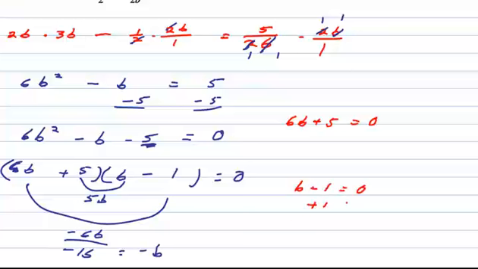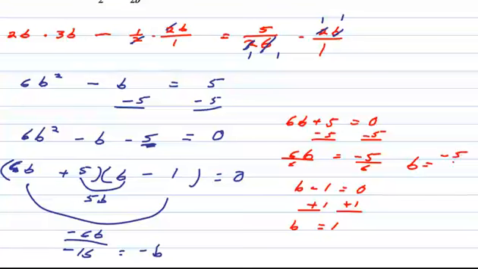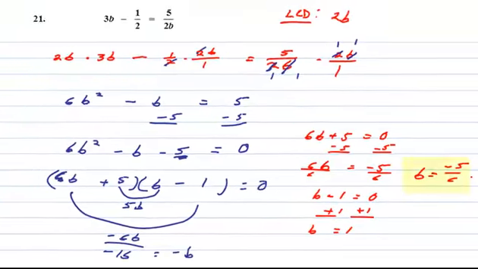We just add 1 to both sides, and we're left with b equals 1. First one, we subtract 5 from both sides. We get 6b equals negative 5, and now we divide both sides by 6, and we get b equals negative 5/6.